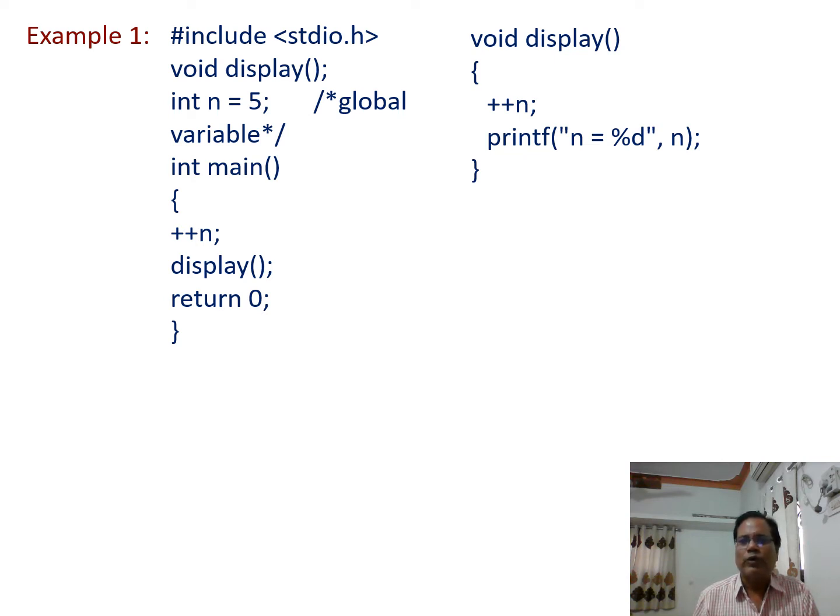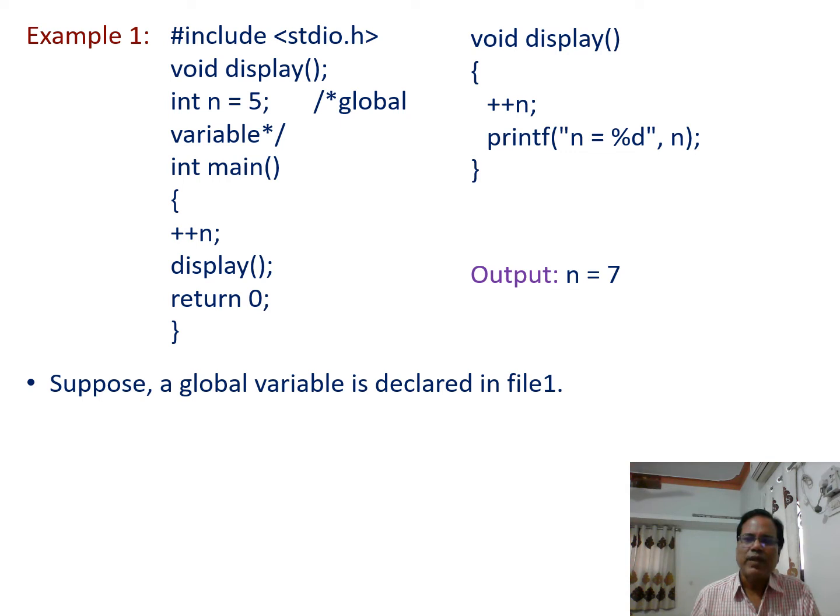So through this program we see that a global variable, which is defined and declared outside of any function, can be accessed by any function in the program, and when we run this program we get the output 7. The explanation is again given here.